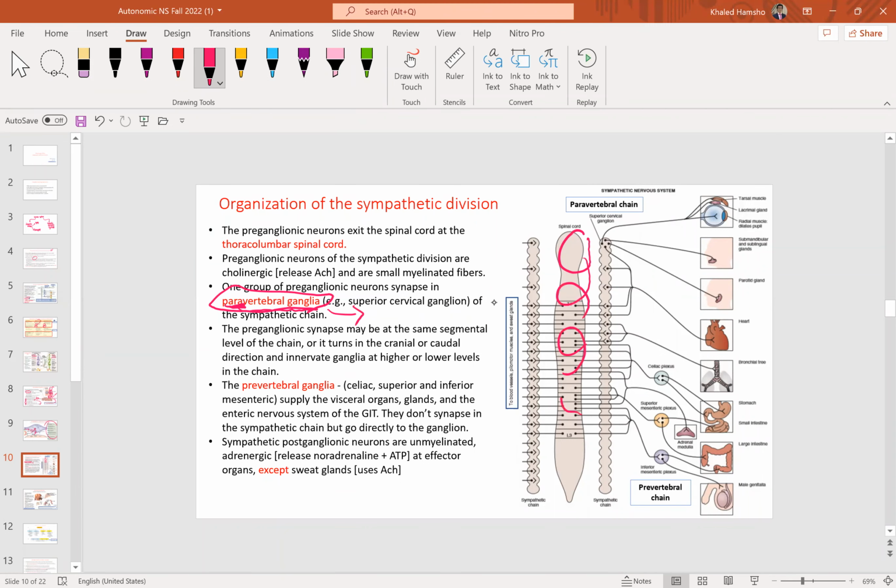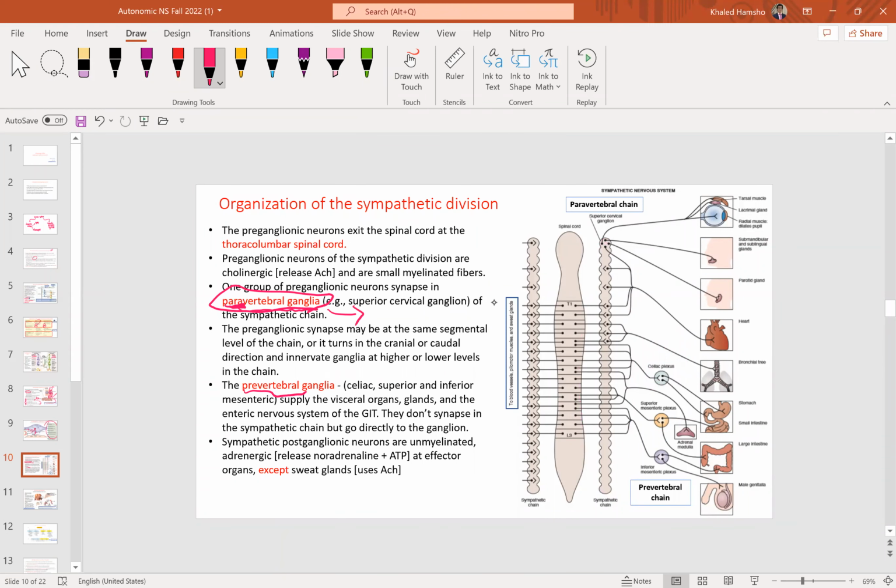One very small thing is that some of the sympathetic chains to the GI specifically, like you see over here, the celiac, the superior mesenteric, and the inferior mesenteric, don't go into the sympathetic chain. They go directly next to the organ. These are exceptions. Remember how we mentioned in general, they're further away from the organs. This is the exception for that. This is honestly just memorization in this case.